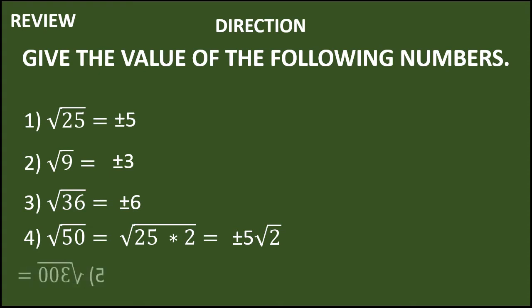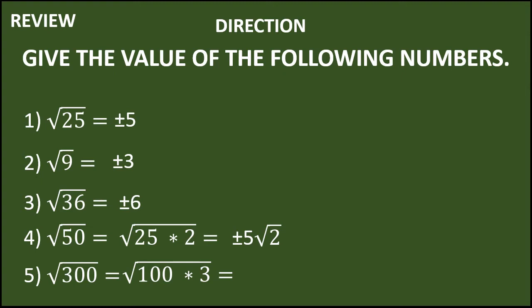Let's have the last one. We have square root of 300. So same process. Think of factors of 300 that has a perfect square. So we have 100 times 3. And 100 is a perfect square. So what is the value of square root of 100?